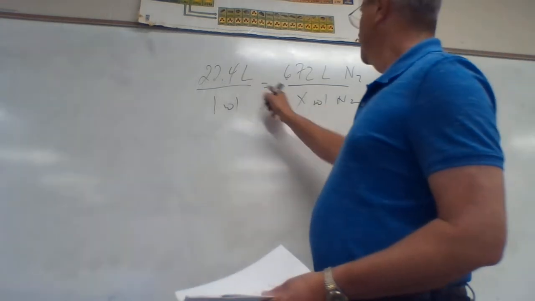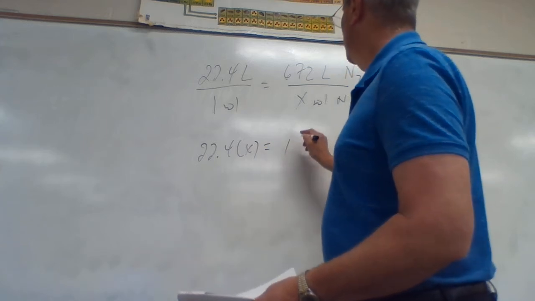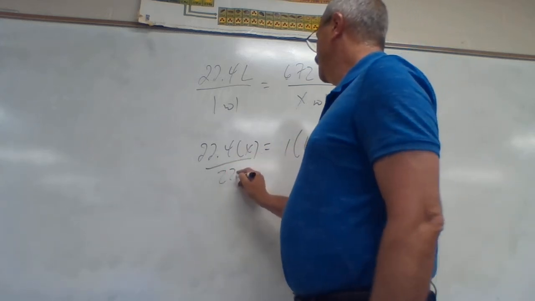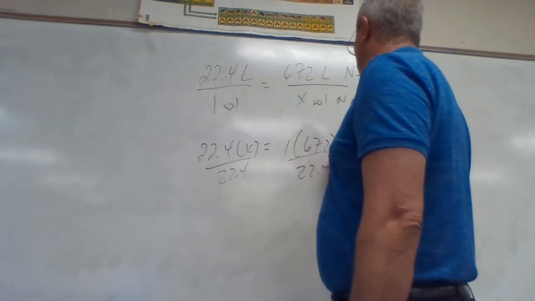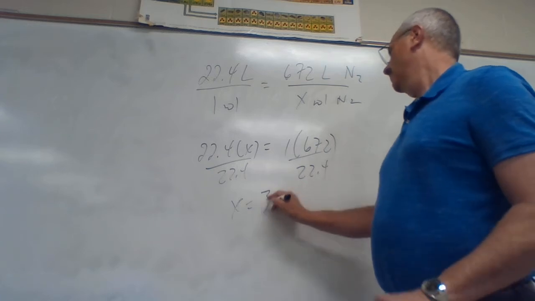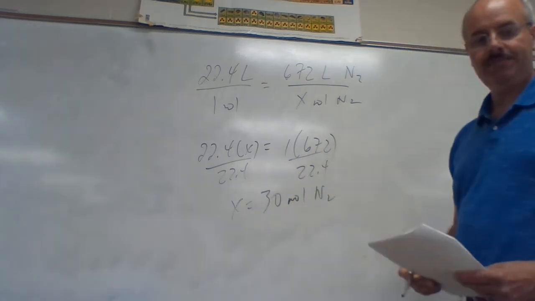So we're going to cross multiply: 22.4 times X equals 1 times 672. So divide by 22.4 on both sides. And X ends up equaling 30, actually. Right on the nose. 30 moles of nitrogen gas is the answer.